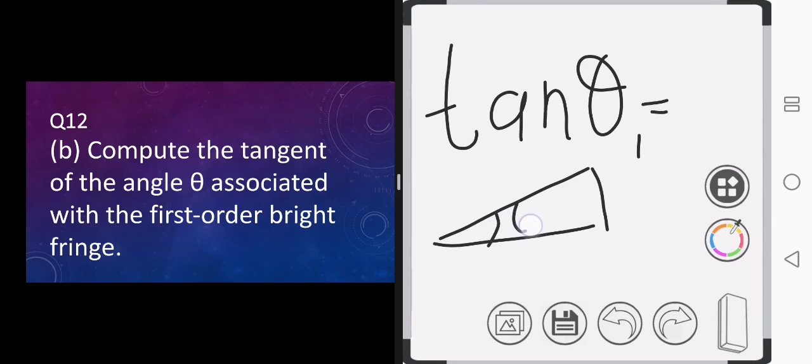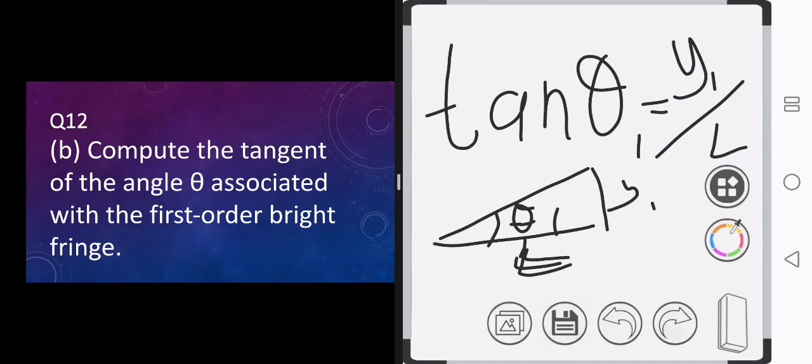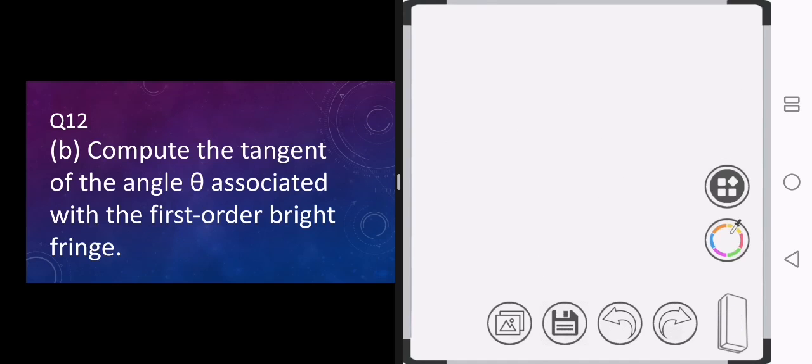This is your theta 1, here is your y1, here is your L. So we use the trigonometry relation, tangent theta 1 equals y1 over L. So you may find your tangent of the angle theta.